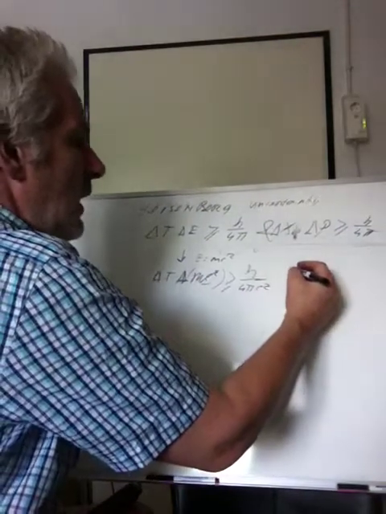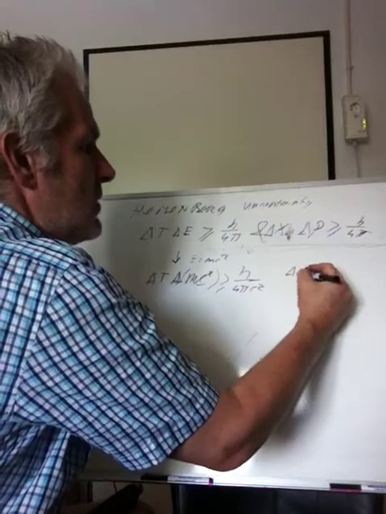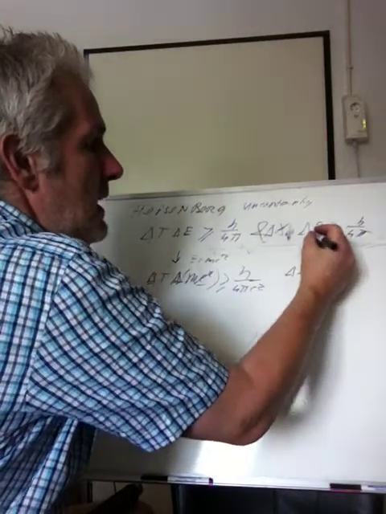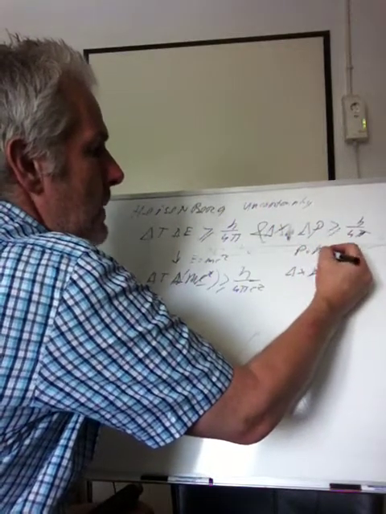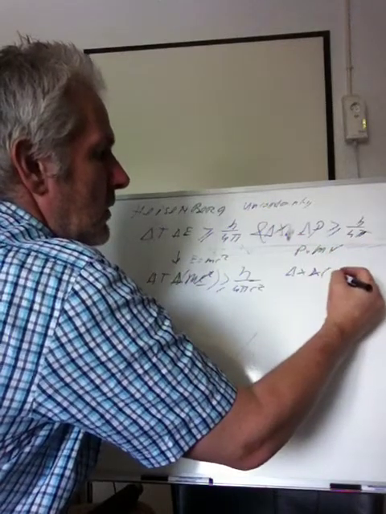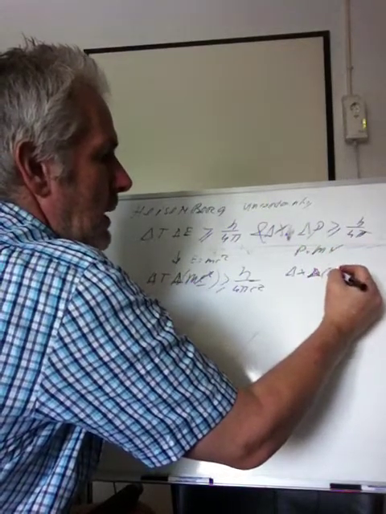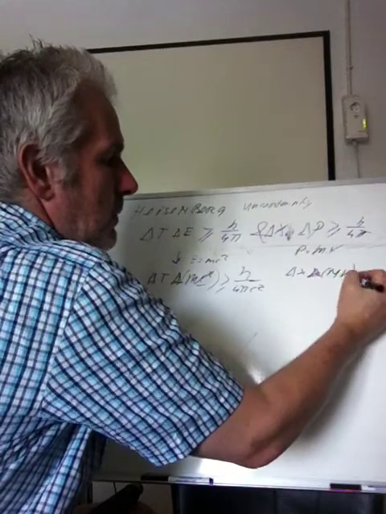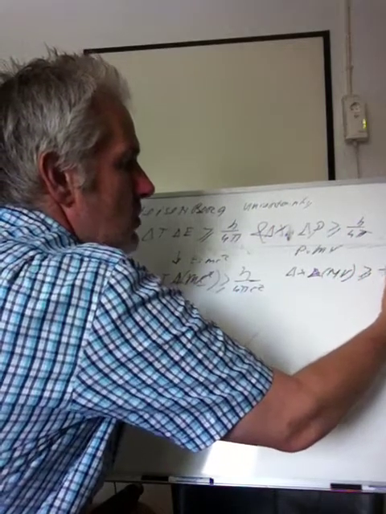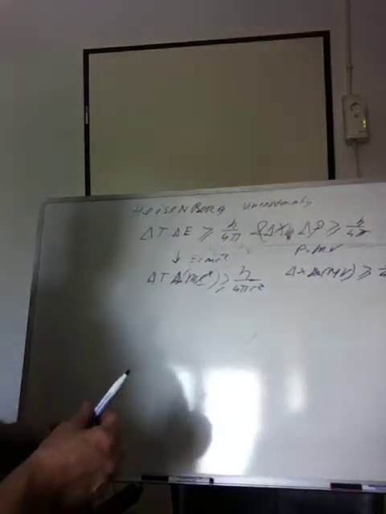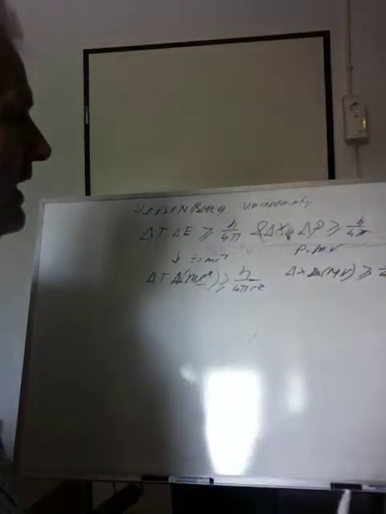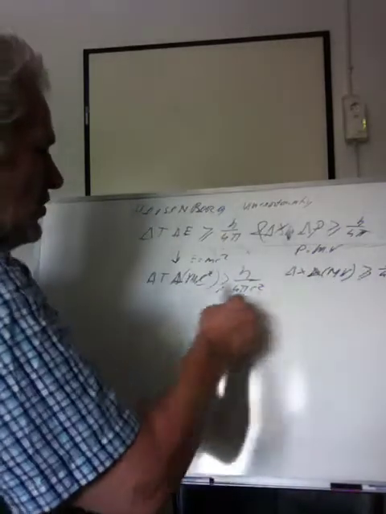And here, delta x times delta p, where p is m times v, so delta x times delta m v is bigger than h over 4 pi. What you see is that in both cases we have a mass here.